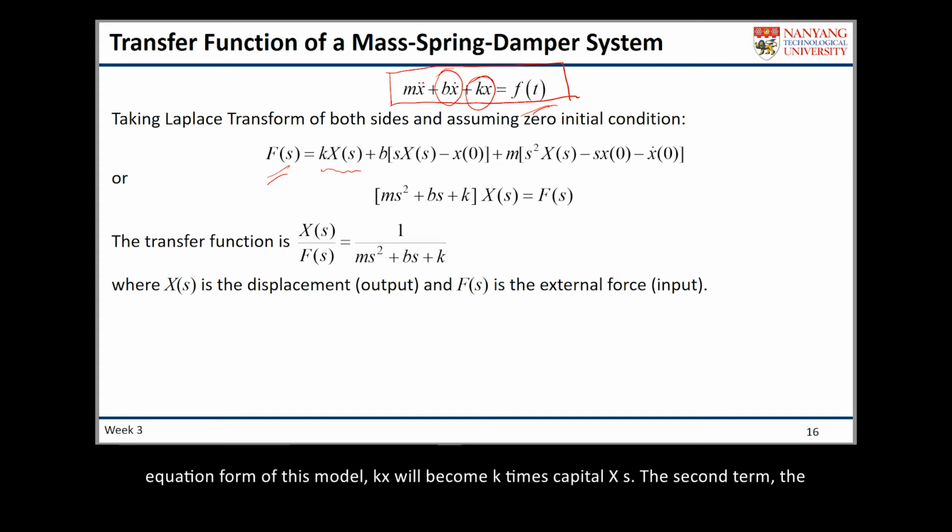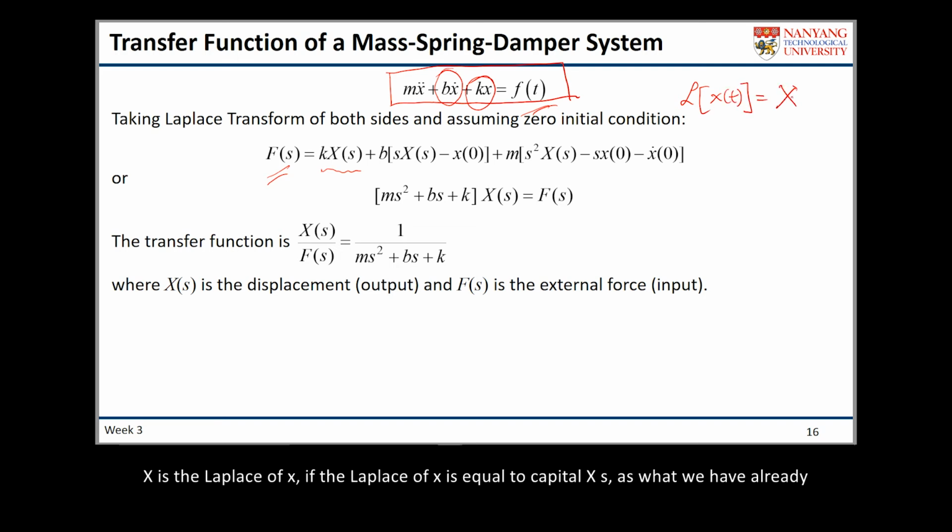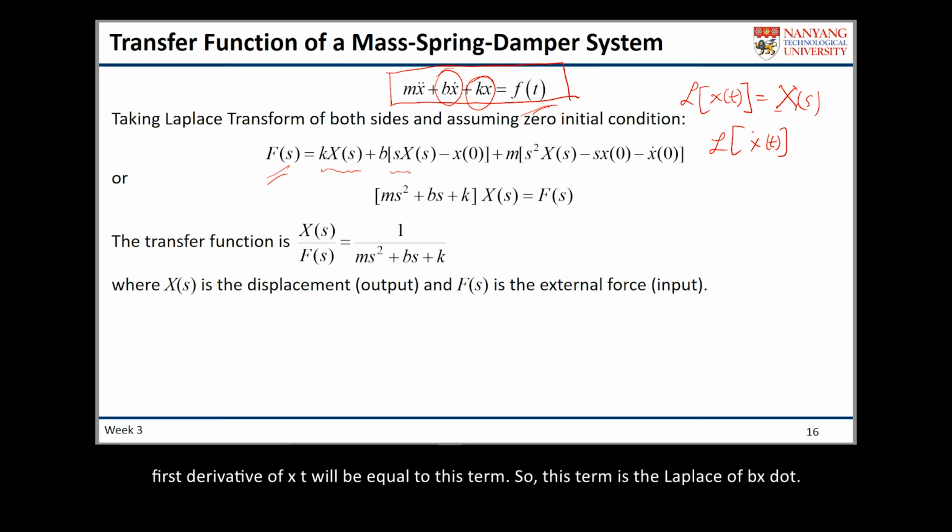The second term, b x dot, we just simply use the differentiation property of Laplace transformation. If capital X is the Laplace of x, so the Laplace of x is equal to capital X(s), as what we have already discussed from the differentiation property of Laplace transformation, the Laplace of the first derivative of x(t) will be equal to this term.